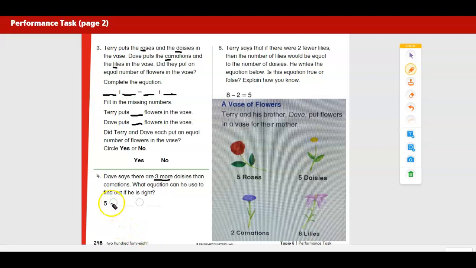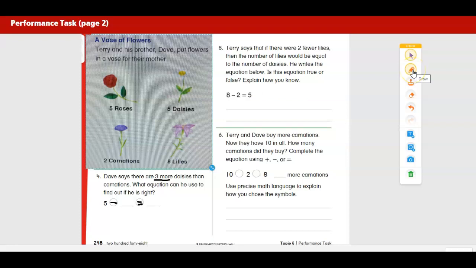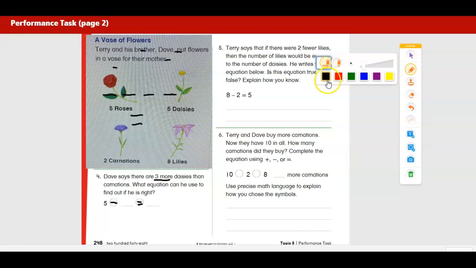So I will give you the hint that your equation will have subtraction in it. So write an equation to see if Dave is correct that there are 3 more daisies than carnations, and fill in your answer. Remember to pause the video as needed.